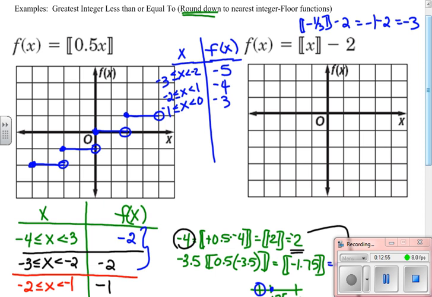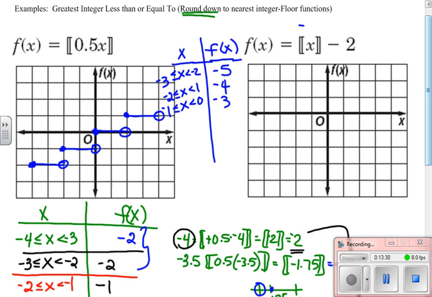Now, you might be wondering how I knew what the endpoints were. I should check my endpoints to make sure if this is a ceiling function or a floor function, even though the greatest integer function is always a floor function. But if I check my endpoint and I put, say, negative 3 in here from my first interval, you'll see I get negative 3 minus 2, which is negative 5, my exact value.